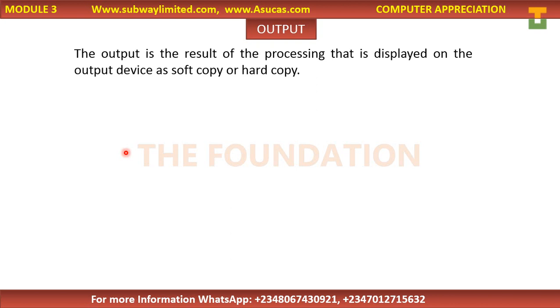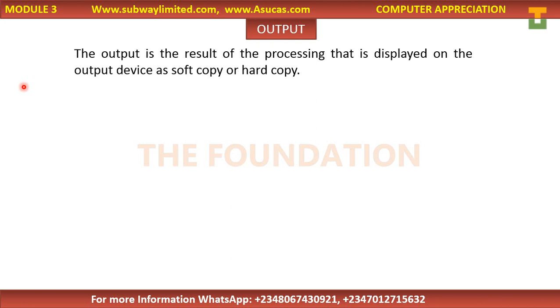Most times in the course of our training students online in the solar industry, when we say soft copy or hard copy, some people will still come and ask you, what is soft copy, what is hard copy? So I believe this is the right time for them to be able to differentiate what is soft copy and what is hard copy.